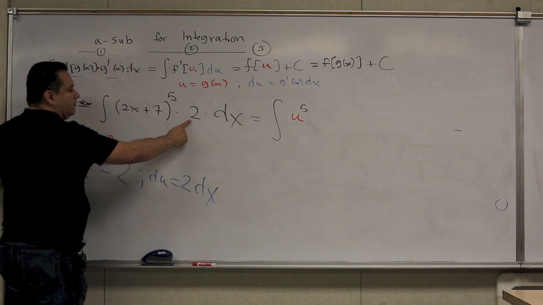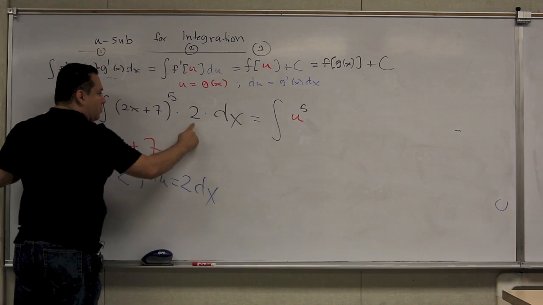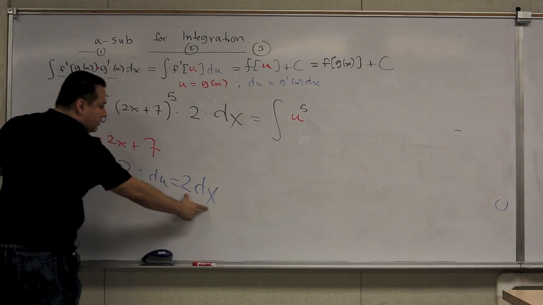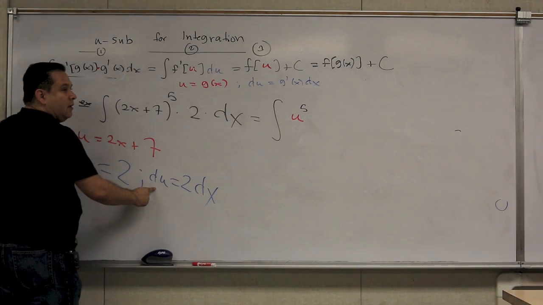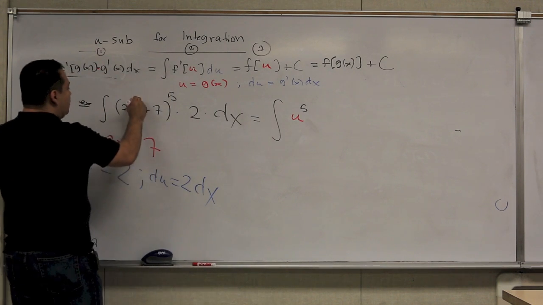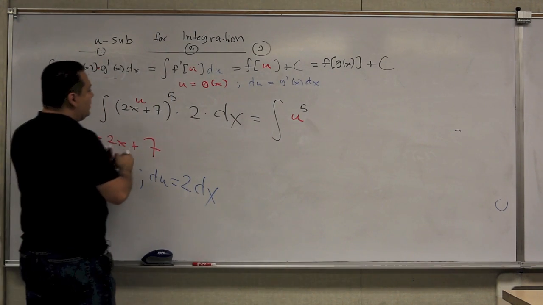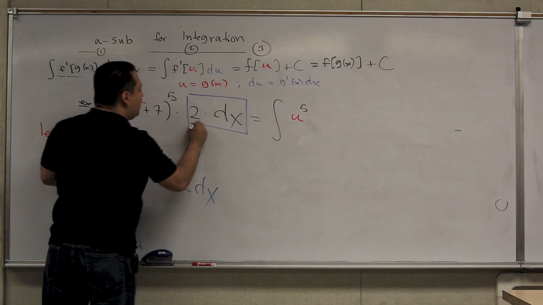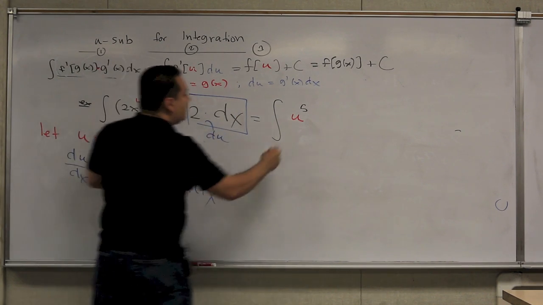And then, what do you guys notice? What is this? 2 dx? What's 2 dx? It's du. Is that right? So I'm going to replace my 2 dx. This here is going to be simply du.